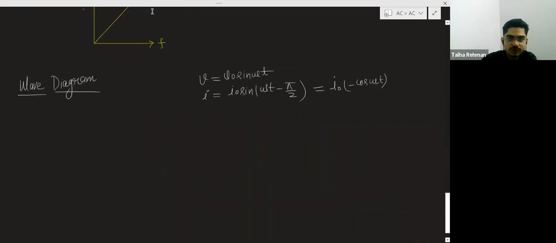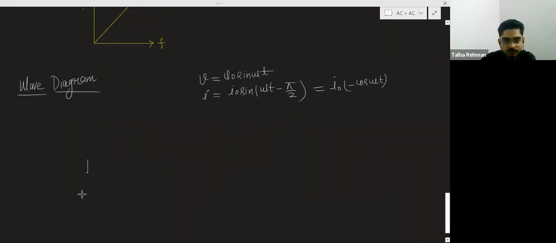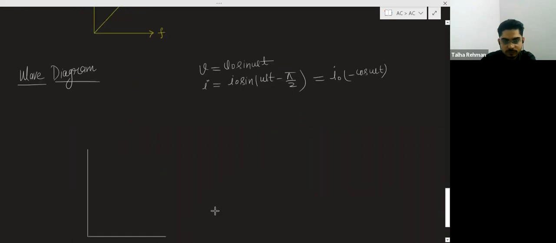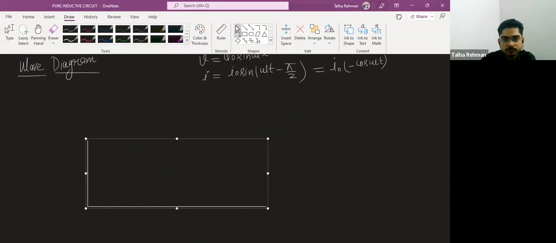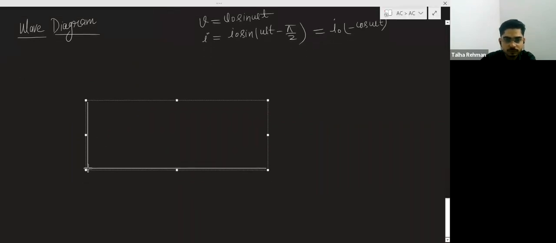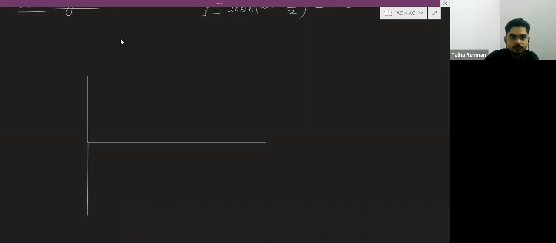When you draw this, you will get this kind of graph. For the voltage, the graph will be like this.